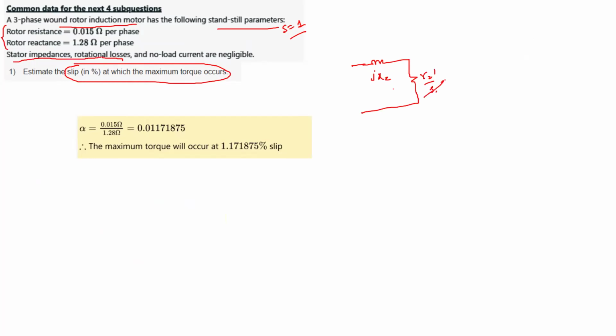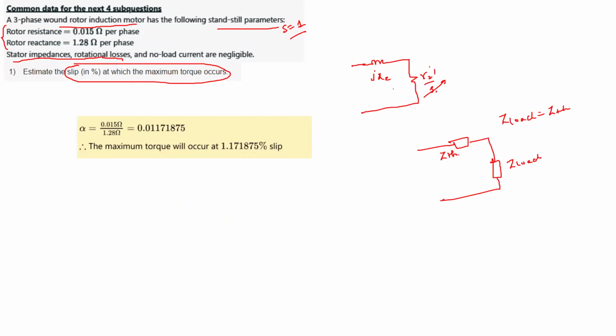Now we are varying the S, which means this load is variable. As per the Thevenin theorem, what should be the value of Z load such that the maximum power is transmitted, or maximum torque occurs? It is at Z load equal to Z Thevenin.